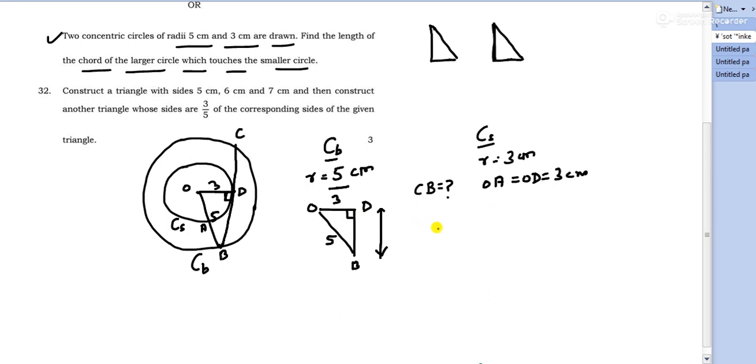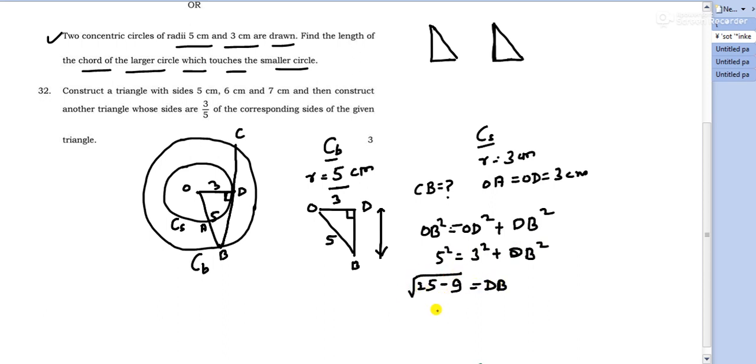So using Pythagoras theorem, we can write OB square is equal to OD square plus DB square, correct? This is 5 square, this is 3 square, and DB is unknown. So 5 square is 25, bring this to the LHS, this becomes 9, and this is DB square. I will transfer the root also, this becomes root.